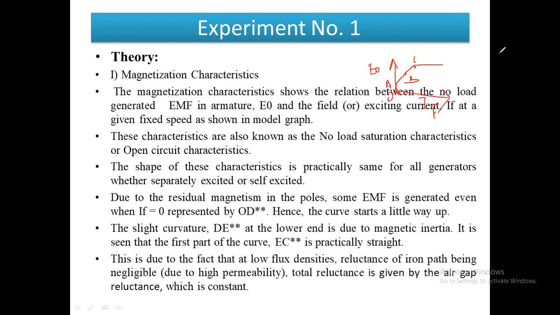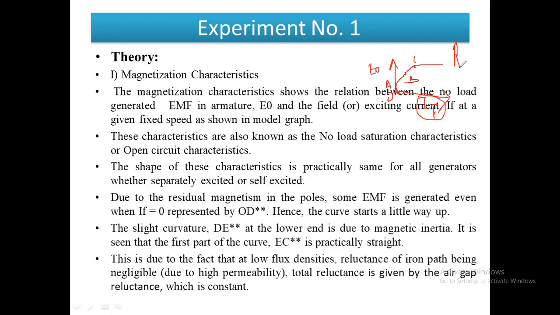See, I have already told that at a zero value of field current, that means there is no field current, some induced EMF is present due to the residual magnetism. Due to the residual magnetism, there is some induced EMF.